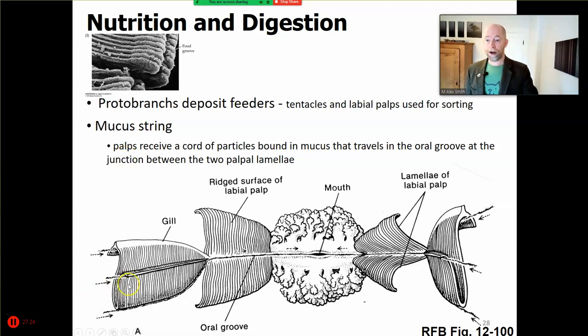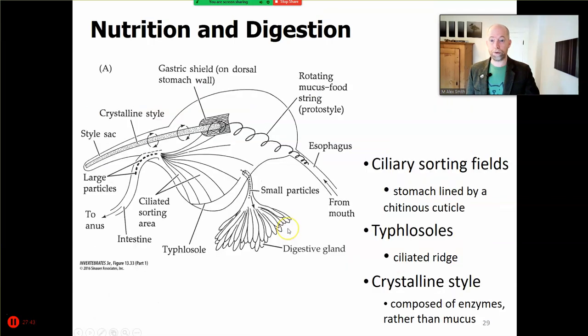So we've got currents coming in and ciliary action, folding food down into that food groove that then feeds it towards what looks like a cauliflower in the center and the mouth. So the lamina of the labial palps then feeds the food right into the mouth.